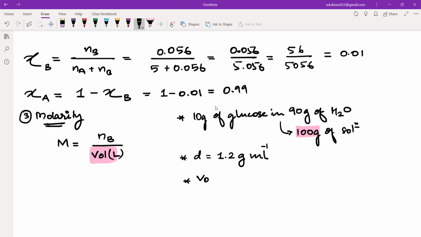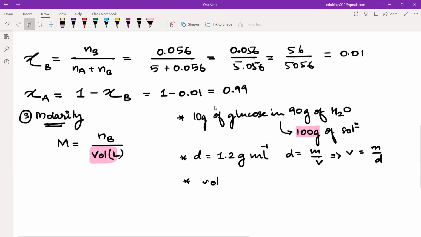That is why the volume of solution will be equal to mass of solution. Density is equal to mass by volume, right? So volume will be equal to mass by density. So volume is equal to mass of solution divided by density of solution.